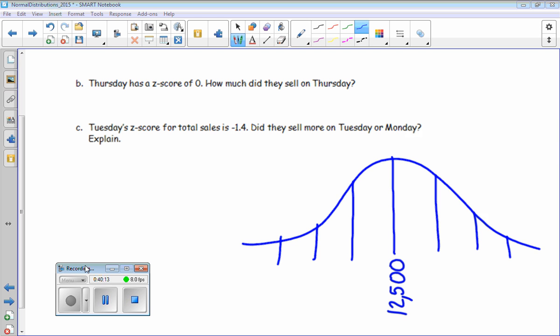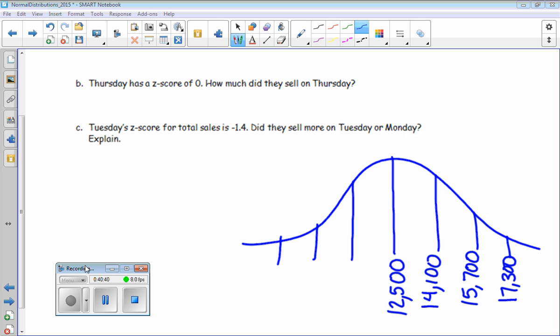Because I know that 99.7% of the data is between these two values, 3 above and 3 below. So 3 above, I have 14,100, because I'm adding 1 standard deviation. I add another standard deviation, I get 15,700. And then if I add that last one, I get 17,300.